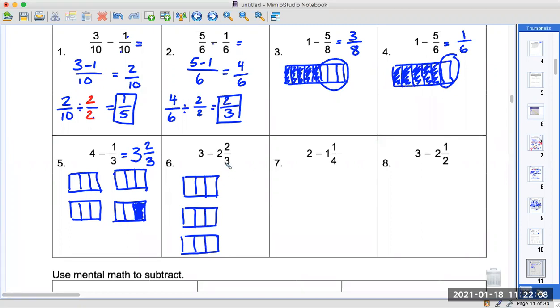The denominator always tells me how many parts. Okay, so we're taking away 2, so I can already scratch out 2, and then 2/3. So what I have left is simply 1/3.